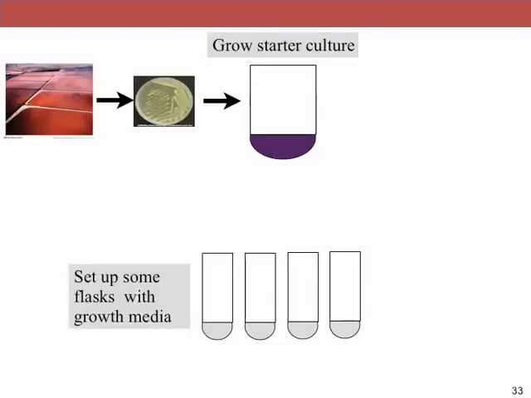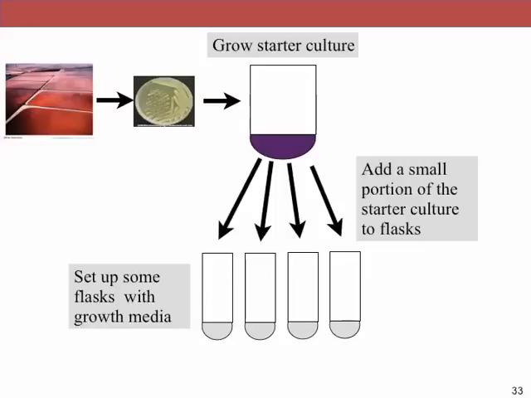So if you wanted to test what salt conditions this microbe really liked to grow at, you would do the following kind of experiment. You would set up a bunch of flasks with the general sugar or other food that the organism likes to eat, and you need to give it, again, its energy source, its carbon source, and its electron sources. You add a small portion of this starter culture, equal amounts, to each of these tubes.